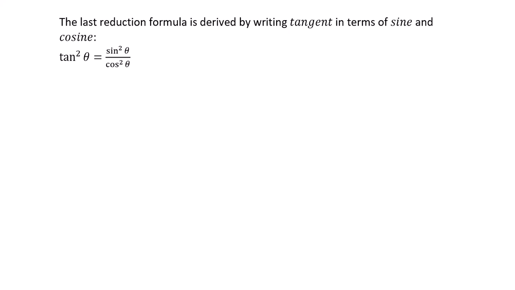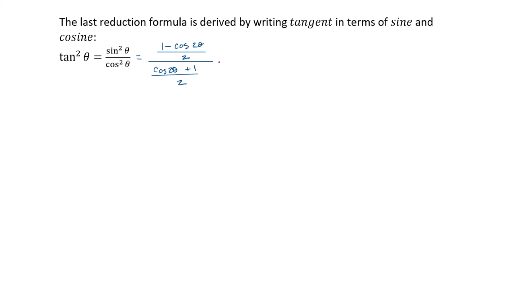Now the last reduction formula is derived by writing tangent in terms of sine and cosine. So I know that tangent squared theta is equal to the sine squared theta over the cosine squared theta. But sine squared theta is 1 minus cosine 2 theta over 2, and that's divided by cosine squared theta, which is cosine 2 theta plus 1 divided by 2.